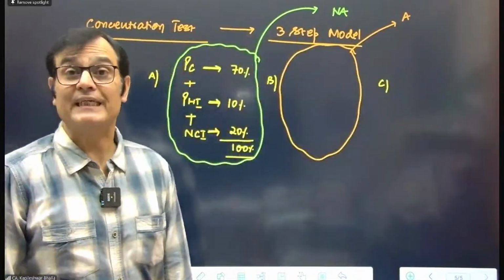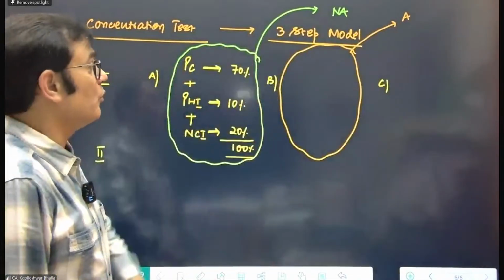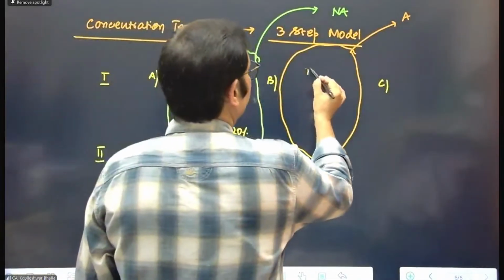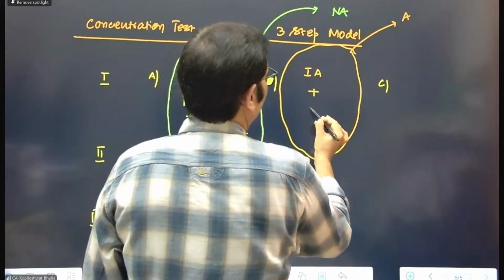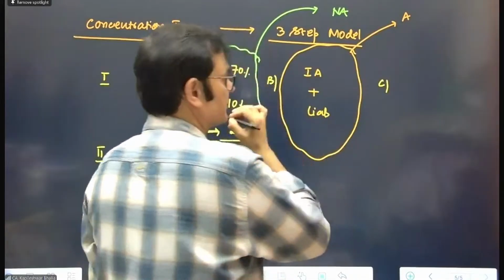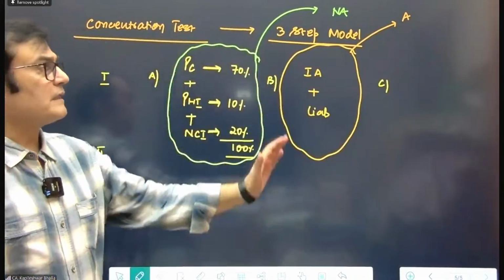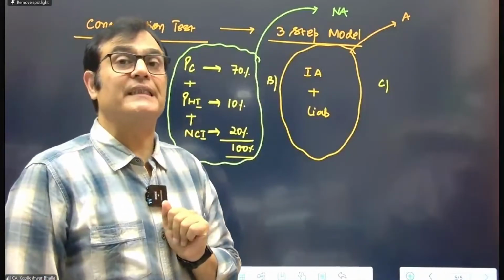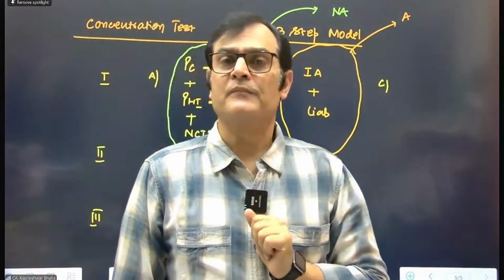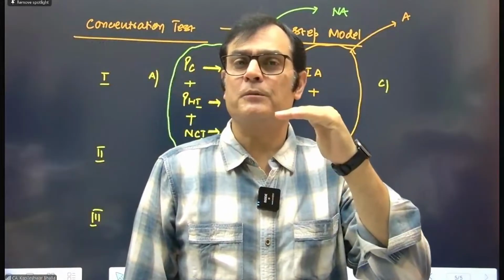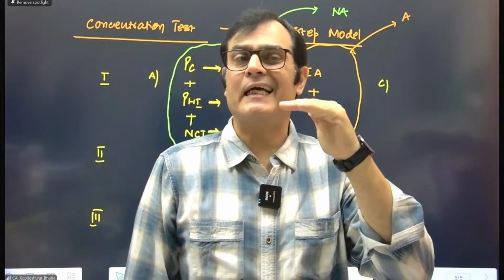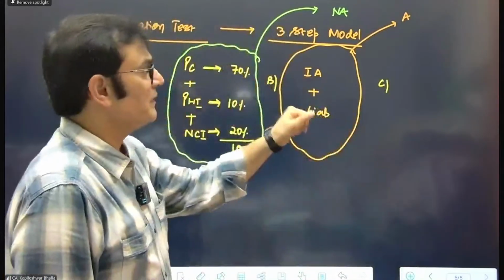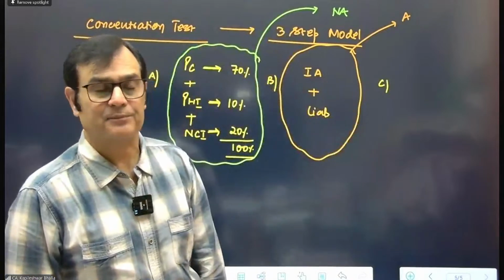Whatever value you've derived in step number 1A, you are going to add back the liabilities to this, because I want to convert the purchase consideration into what is paid towards the assets of the company. So you have the consideration paid towards net assets, add the liabilities, and you get the consideration paid towards the assets.